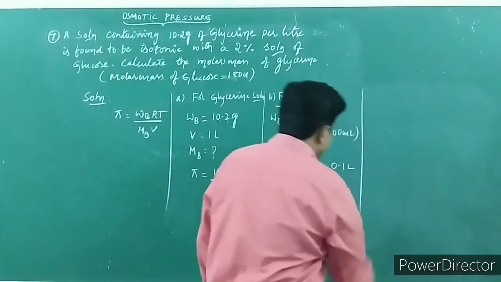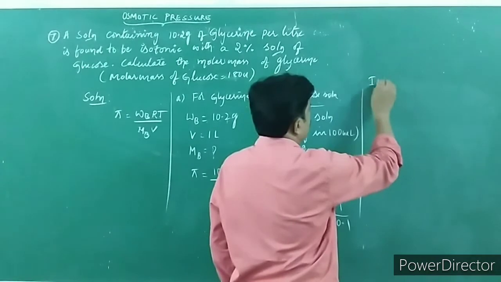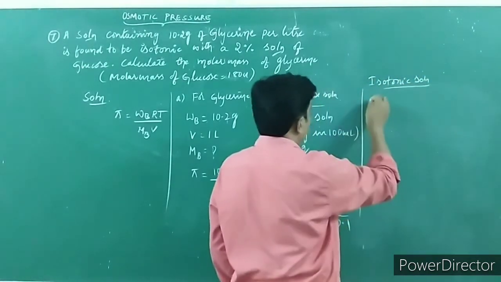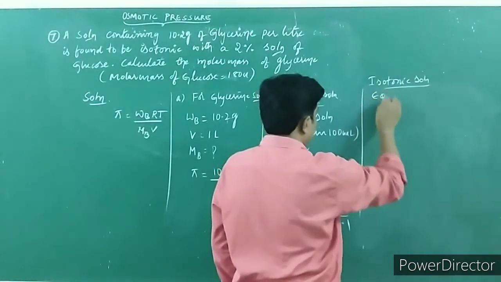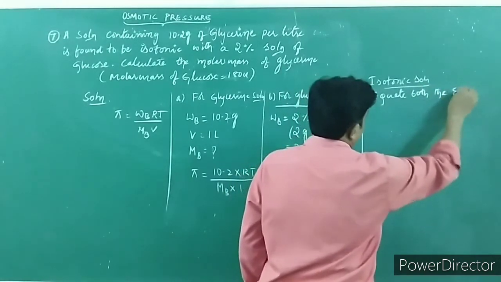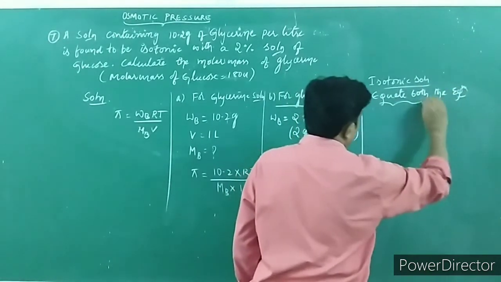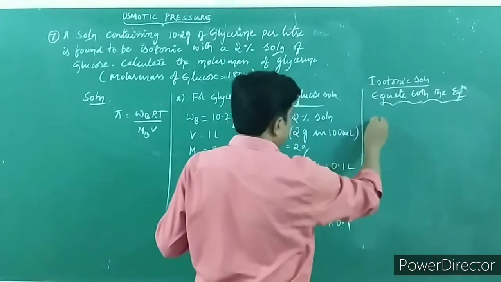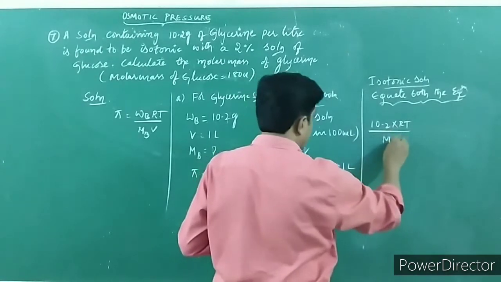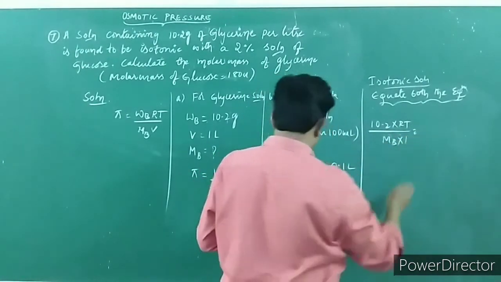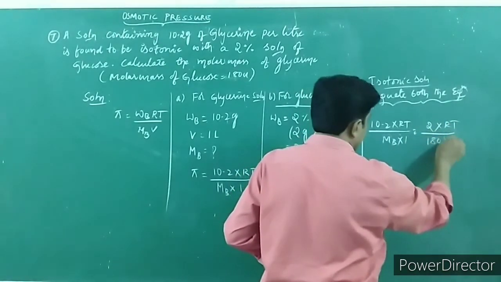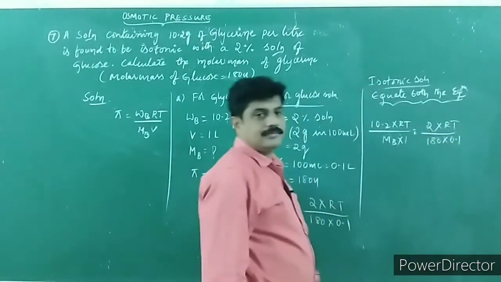Now I'm going to equate, isotonic solution, so equate both the equations. Look at here, 10.2 into RT upon MB into 1 is equal to 2 into RT upon 180 into 0.1.